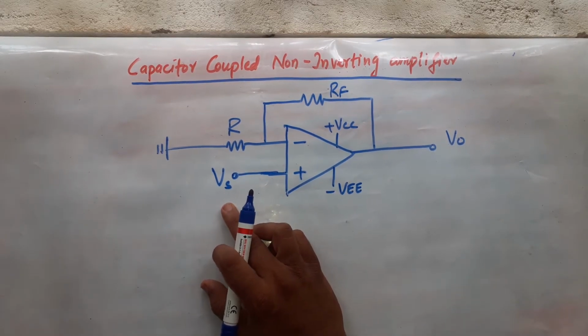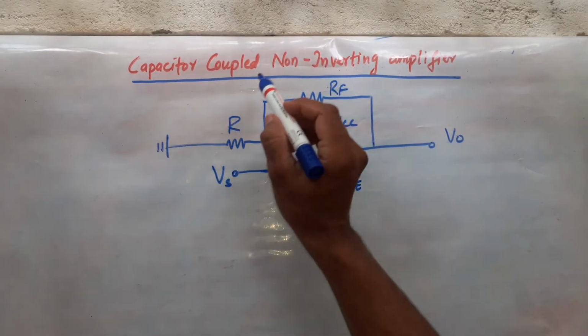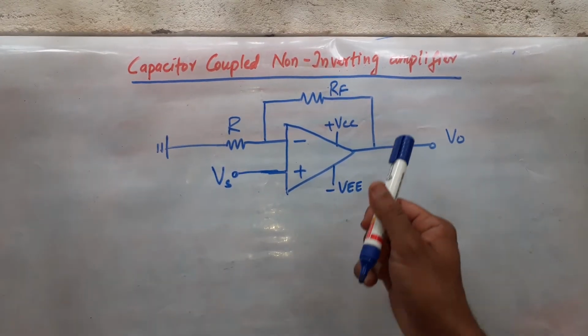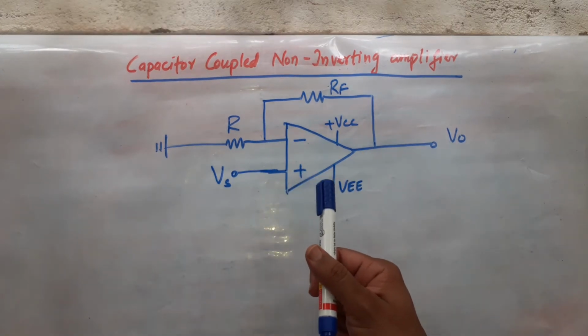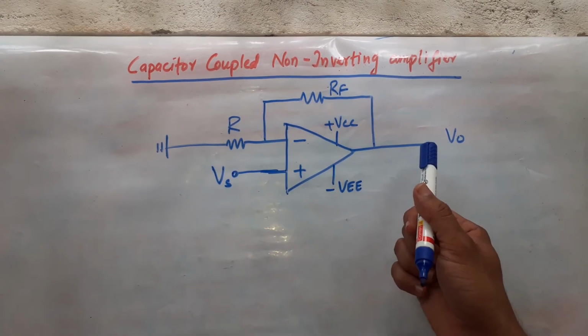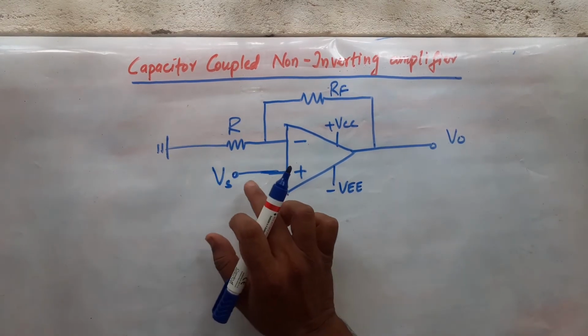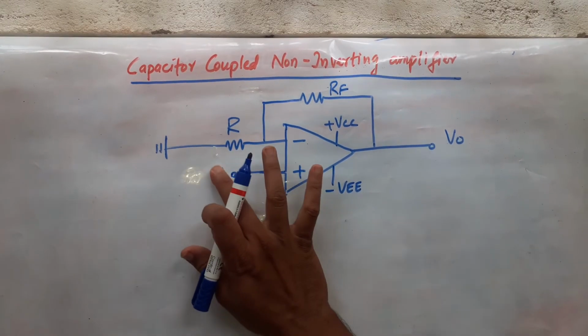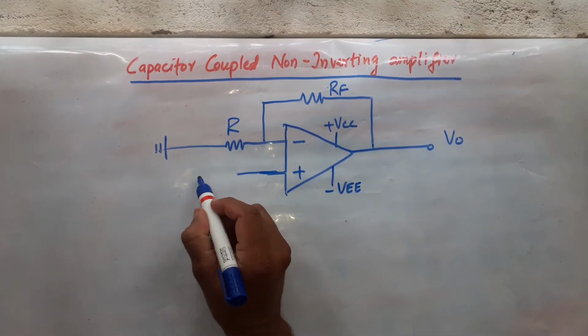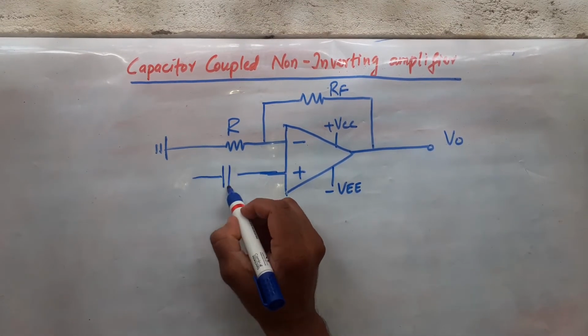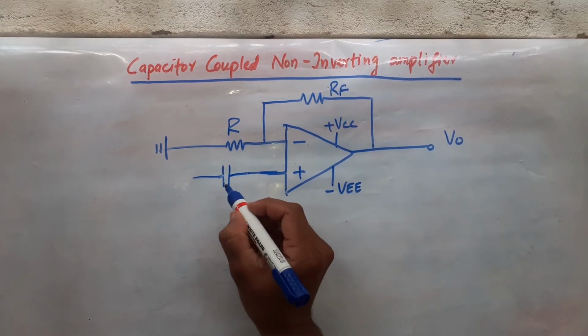Now capacitor coupled non-inverting means there is a slight change here. You need to couple a capacitor both at input side as well as output side. Input side means here, before giving supply voltage you need to have a capacitor.